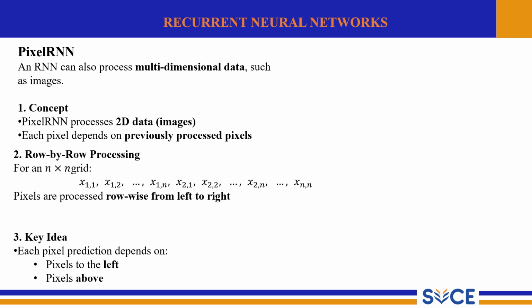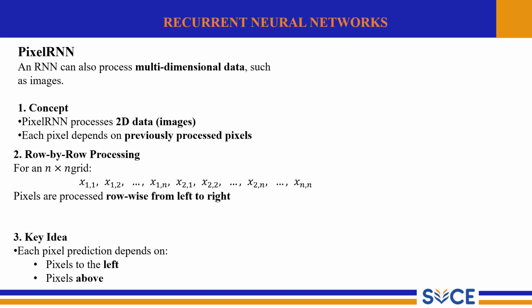Normally, RNNs are used for sequences like text or speech, but Pixel RNN takes a different approach and treats an image as a sequence of pixels instead of a fixed grid. This means the model does not generate the entire image at once. Instead, it generates the image one pixel at a time following a specific order.